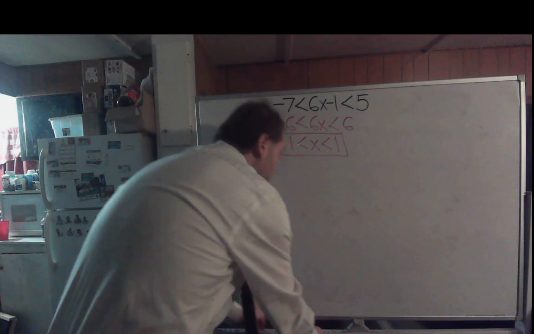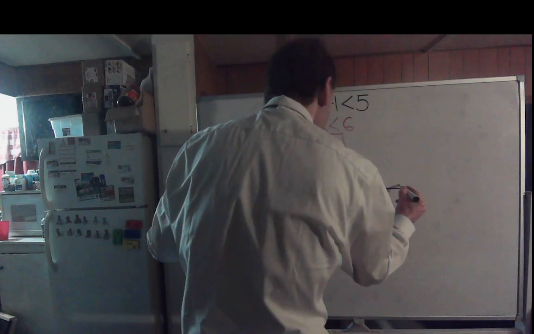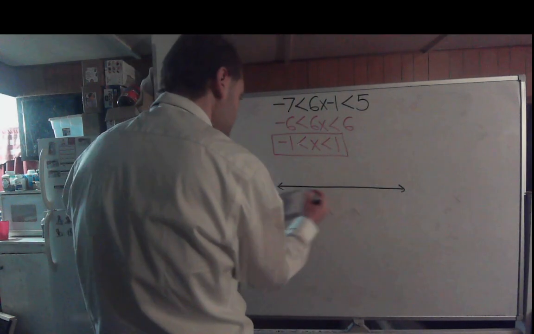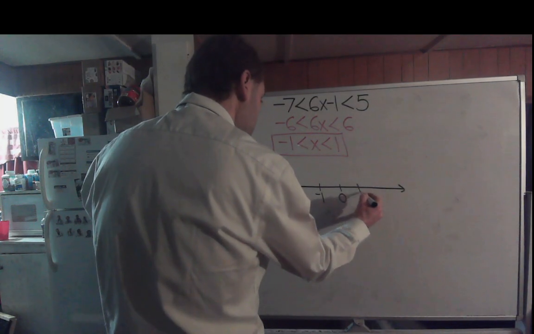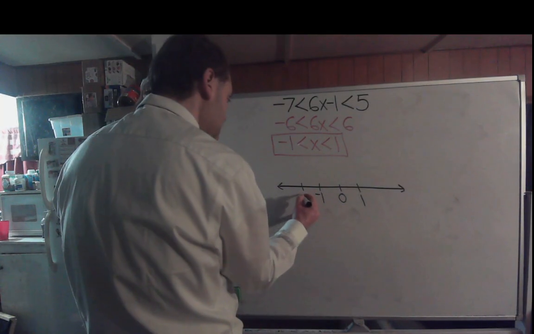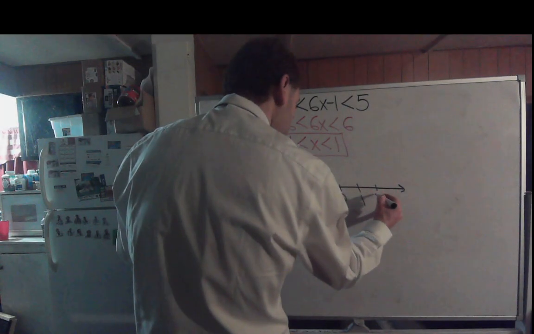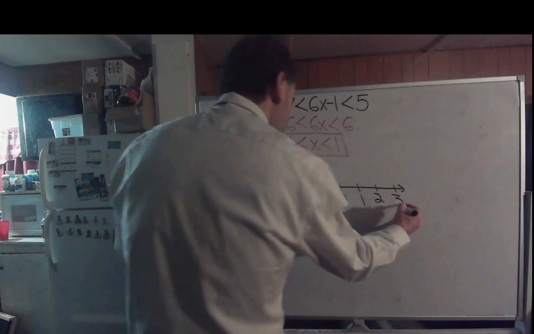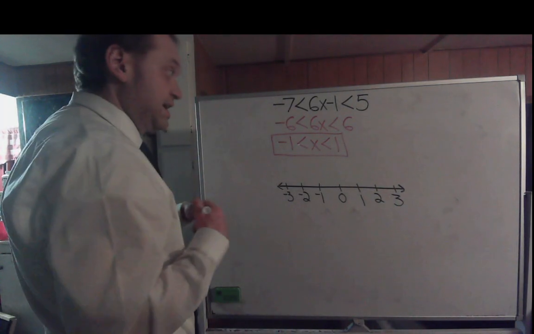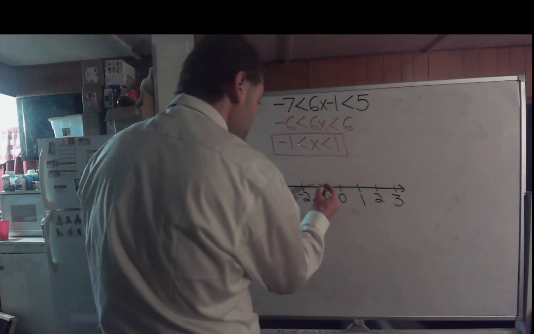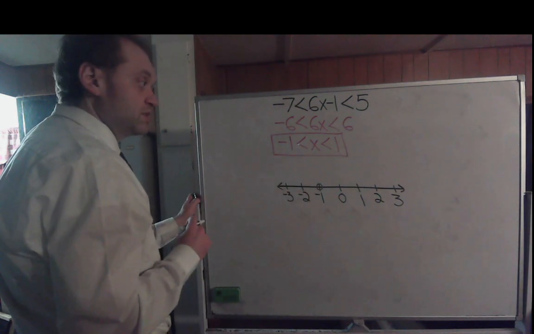Now let's graph this on a number line. Since negative 1 is just less than x, we're going to put an open circle at negative 1 to denote that negative 1 is not included in the solution.